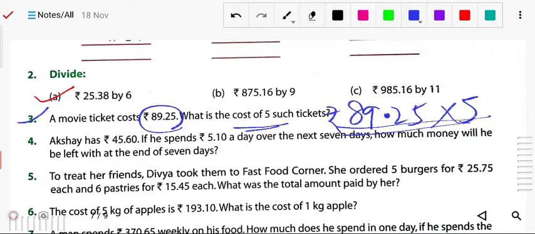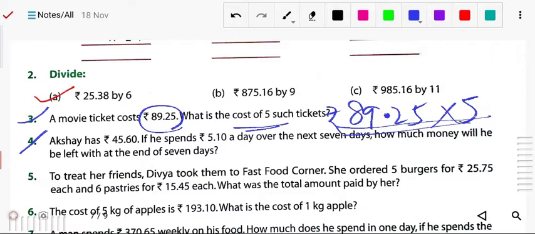Okay, next number 4. Akshay has rupees 45.60. If he spends rupees 5.10 a day over the next 7 days, how much money will he be left with at the end of 7 days?